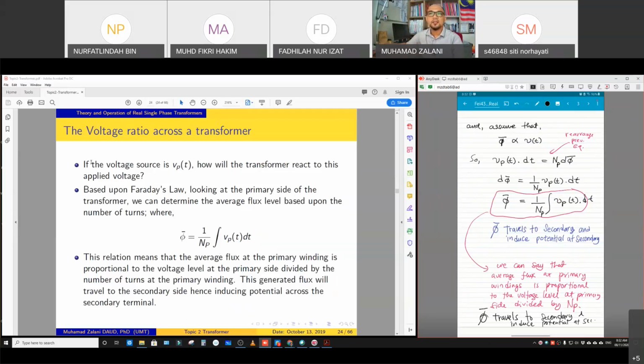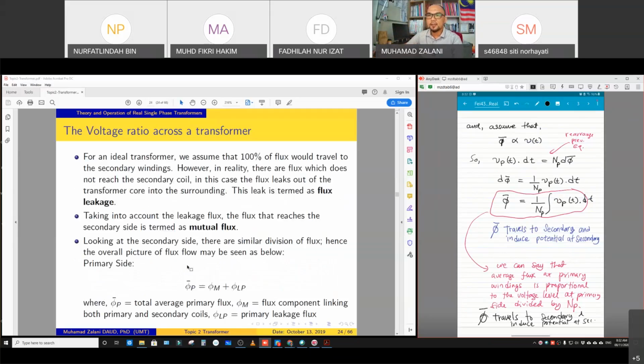Okay, so that is about the voltage across the transformer, up to here in this slide.